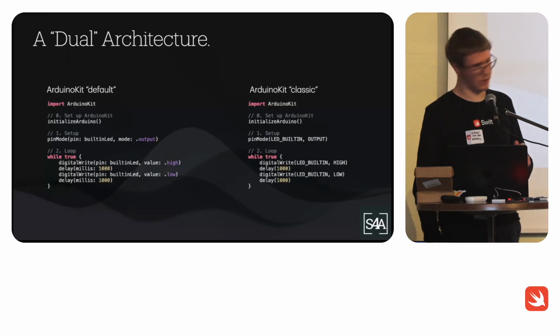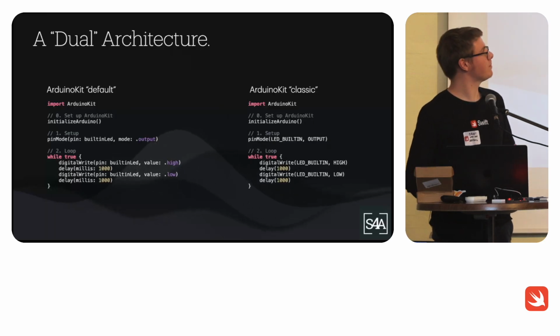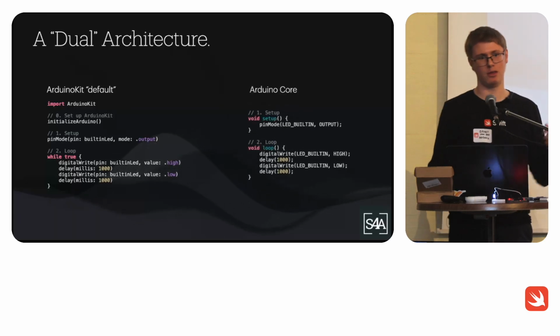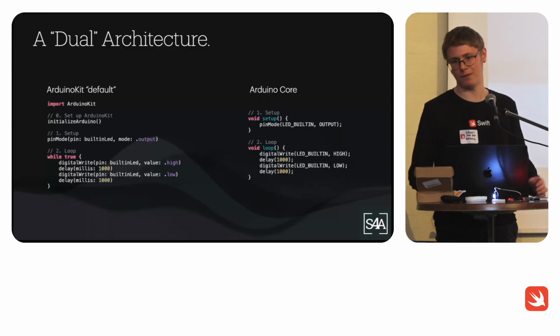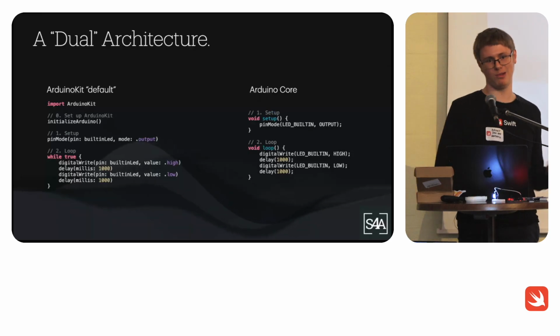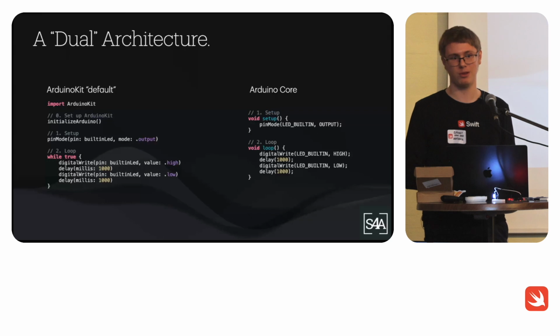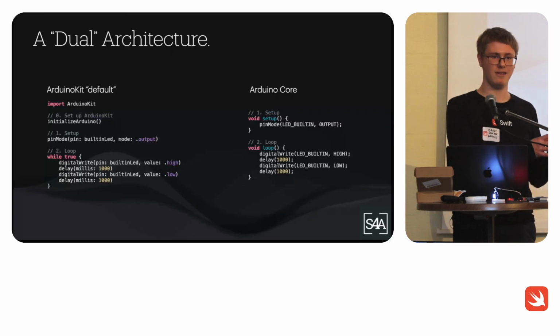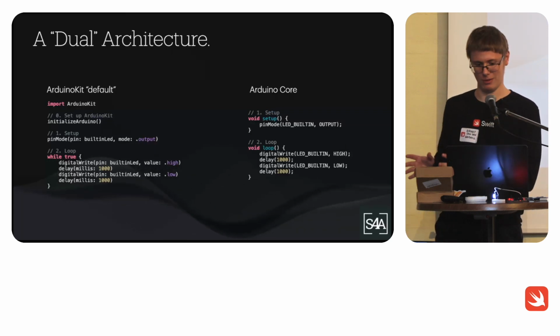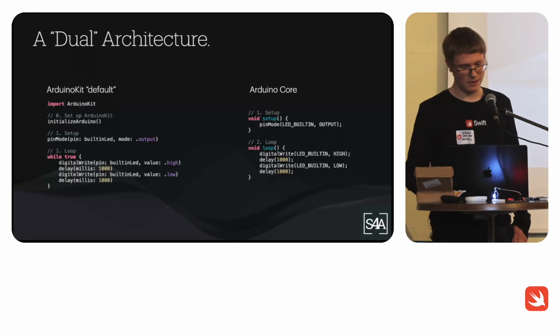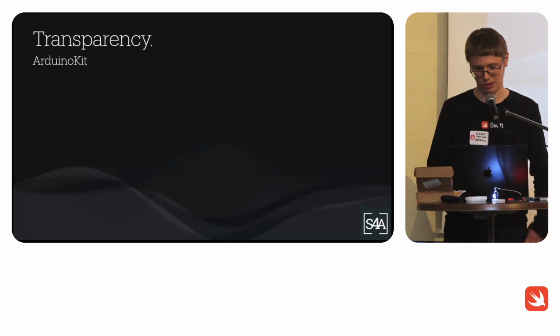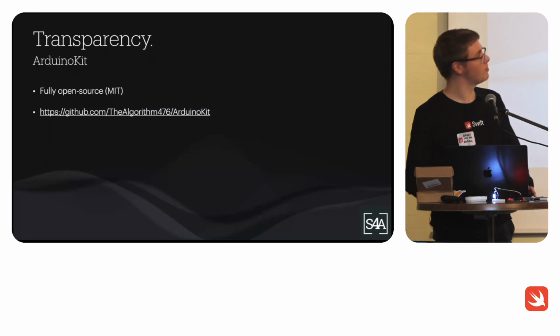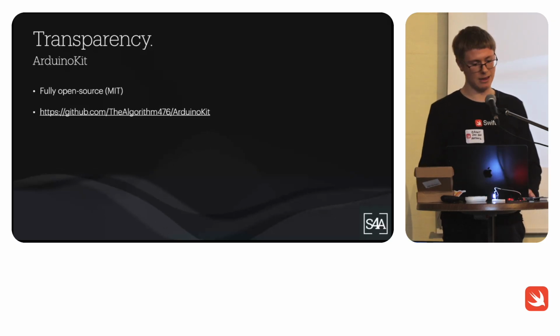I can't quite put my finger on it. Oh yeah, it's basically the C version, but in Swift. So it allows you to, without changing a lot of code, take your existing Arduino projects and use them in Swift.